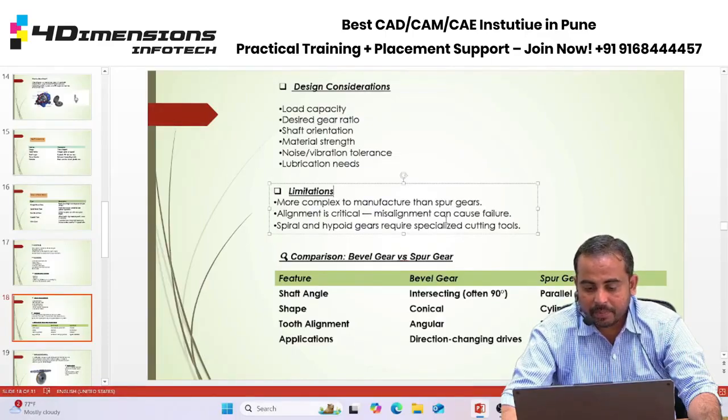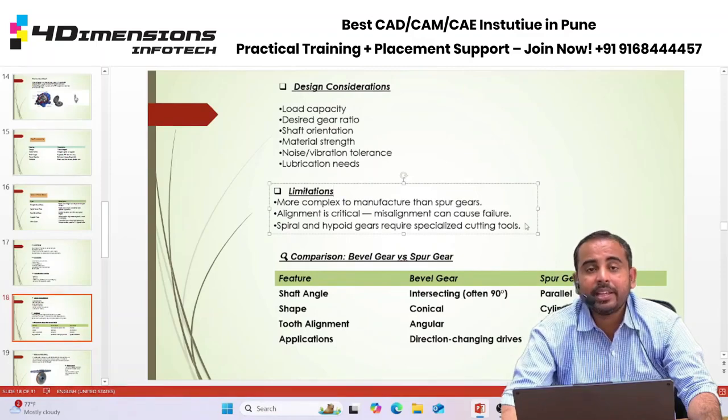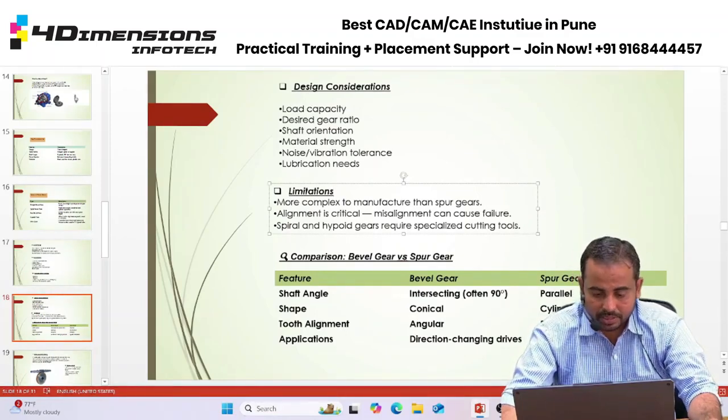Alignment is critical, as misalignment can cause failure. Spiral and hypoid gears require specialized cutting tools. So this may increase the cost of manufacturing bevel gears.